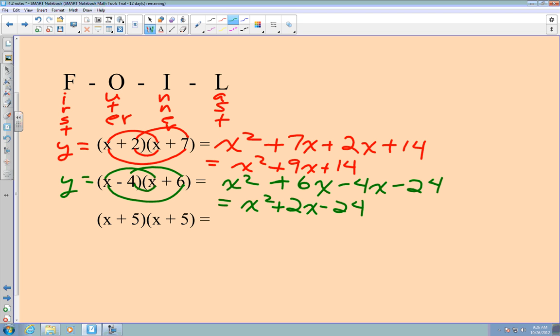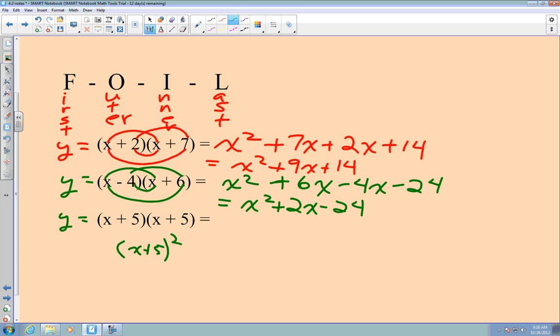Okay, I am going to go ahead and do this last one because it's kind of a special case. x plus 5 times x plus 5 is the same as x plus 5 squared. Okay? So let's go ahead and look at this one.